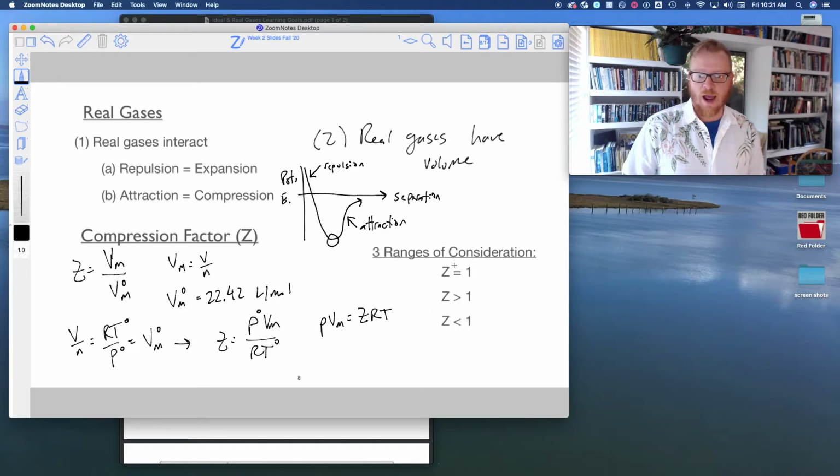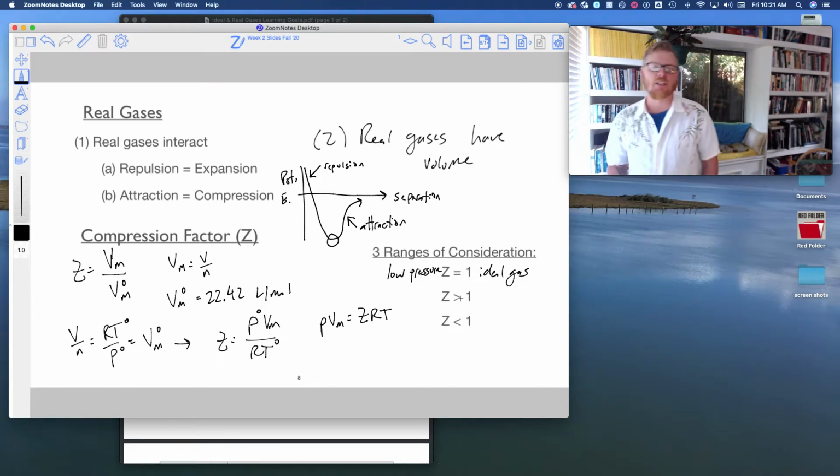So now we have a few things to consider, right? Because if you think about this, if Z is equal to 1, then we just have our perfect ideal gas. Okay? And so as it turns out, this is typically in a low pressure regime.